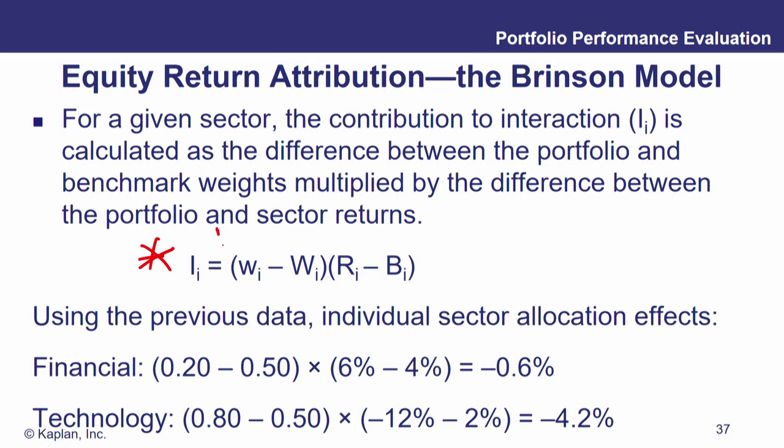So what is this? This is the weight of the portfolio minus the weight of the benchmark, times the return of the portfolio minus the return of the benchmark. I think for understanding these models, if you're more of a visual person like I am, I'd rather just see the model.